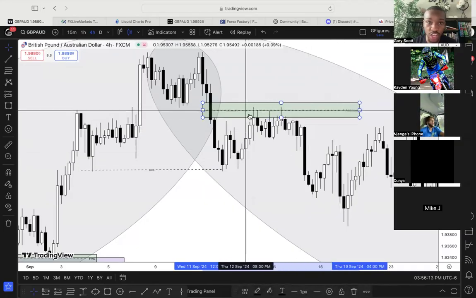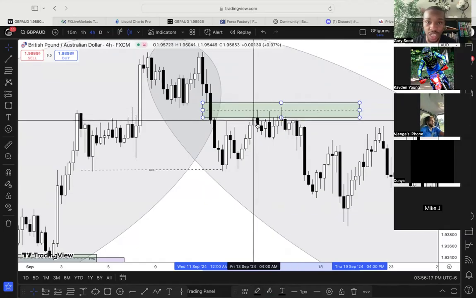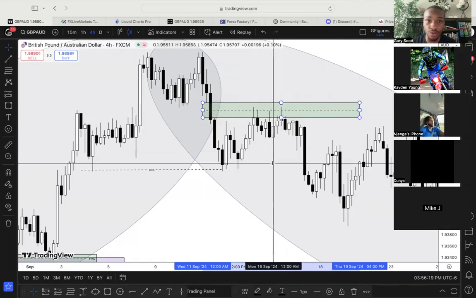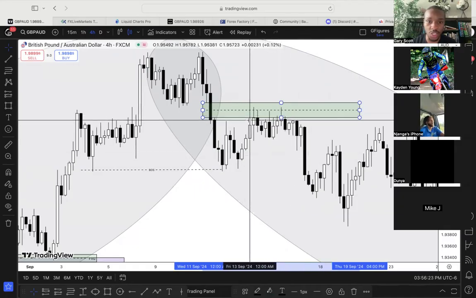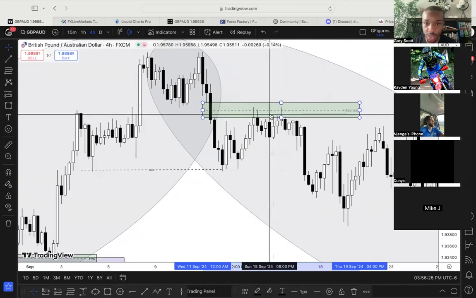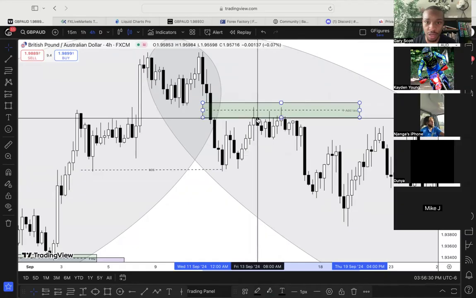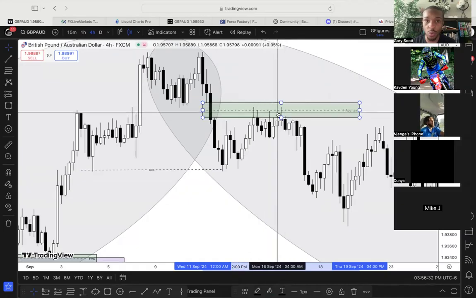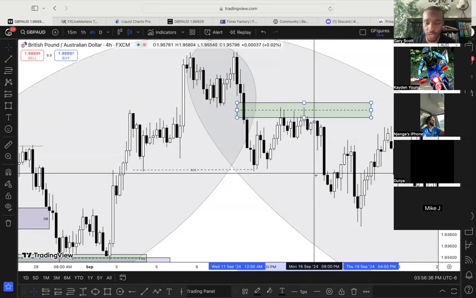Okay? Do you see how price reacts off of that fair value gap? How many times do we see price close beneath that level before it actually heads to the downside? It respects, it respects, it respects. So if it's respecting a multitude of times, where do you think price is going to head then? To the downside.